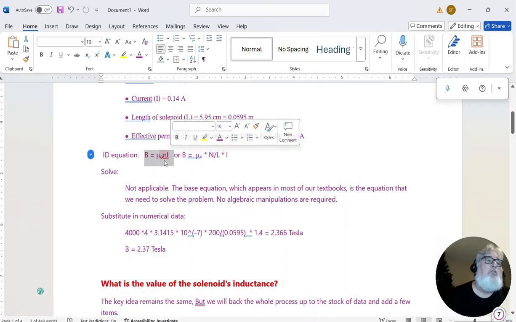As we expand this turn density, we have mu naught times the number of turns in the coil divided by the length of the coil, times the current.